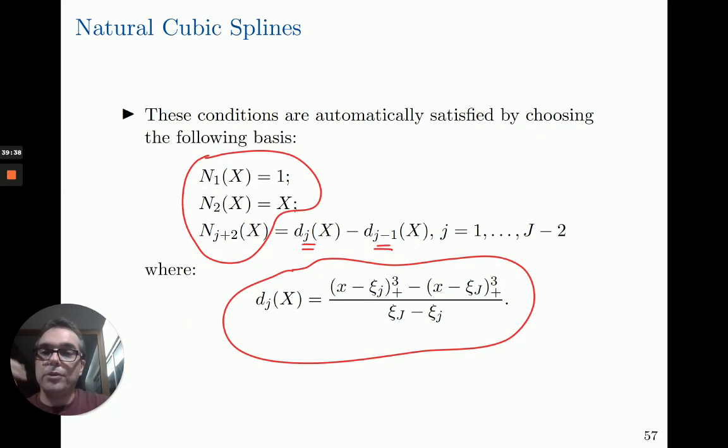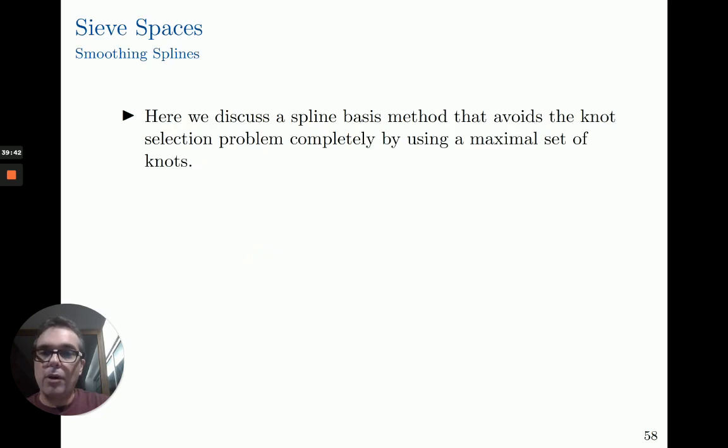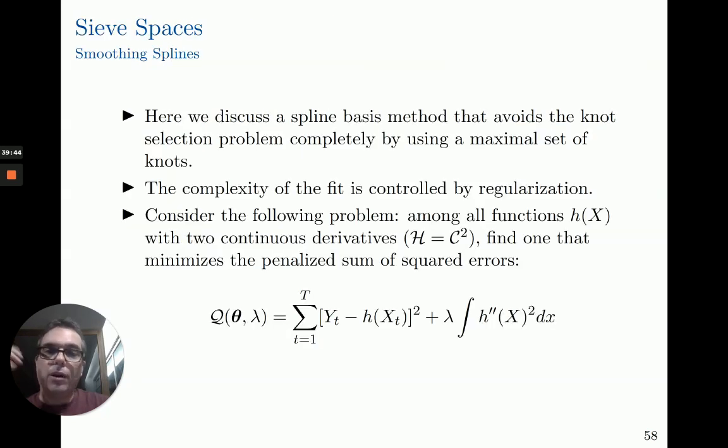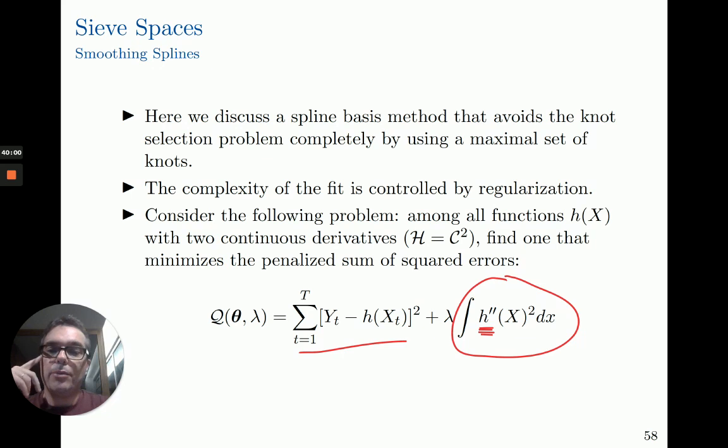For natural spline. So that introduces more flexibility to the model, and of course we can also use smoothing splines, where instead of just minimizing the sum of squared errors, we introduce a regularization term that's related to the second derivative of this approximating function. Okay?